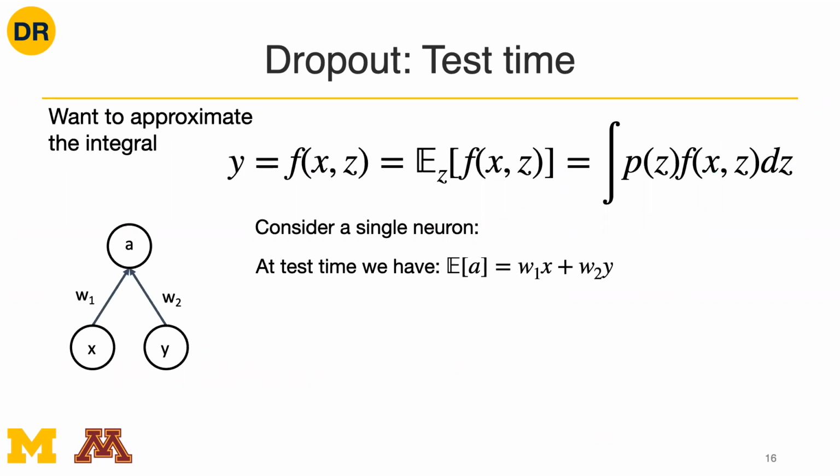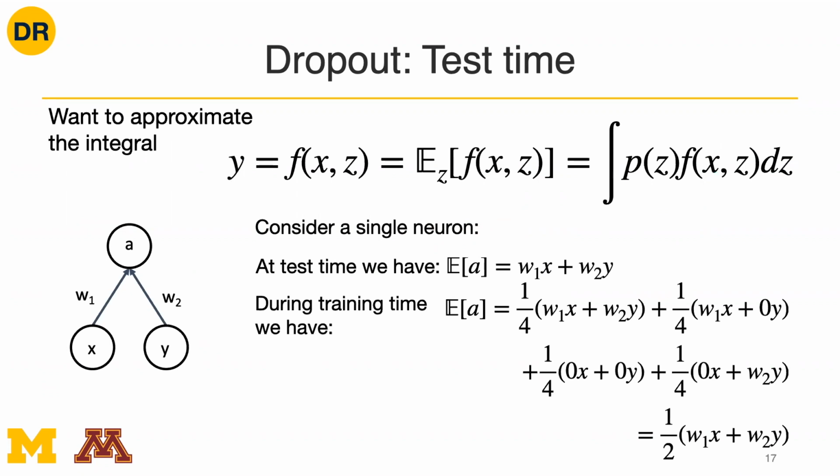For instance, imagine this one single neuron, which has 2 inputs, X and Y, with weights W1 and W2. During test time, we want to have the expectation of W1X plus W2Y. But during training time, because of the dropout, it is basically a combination of these variants, where W1 and W2 could have values of 0 or 1. So these are the 4 different combinations that you'll have during training.